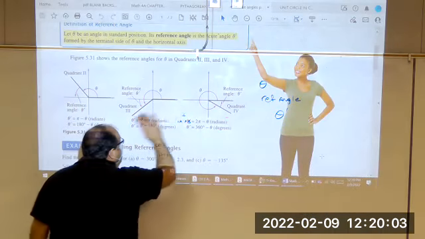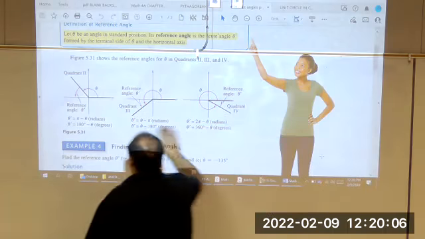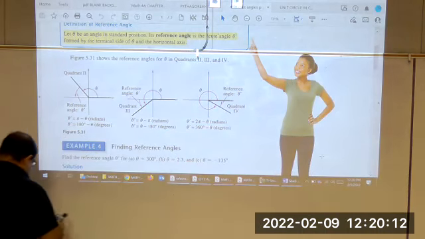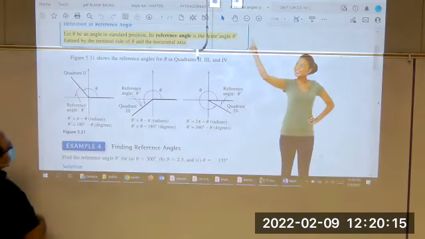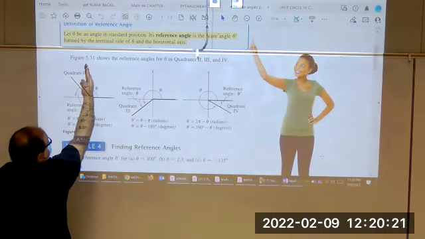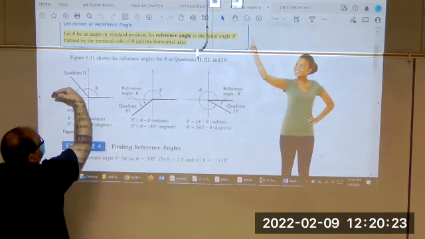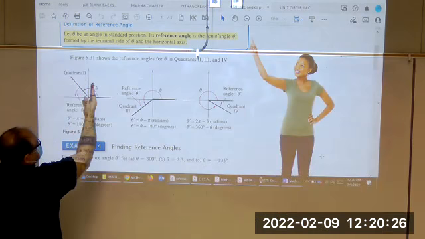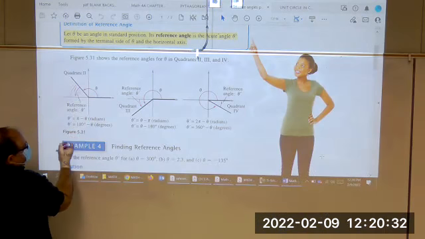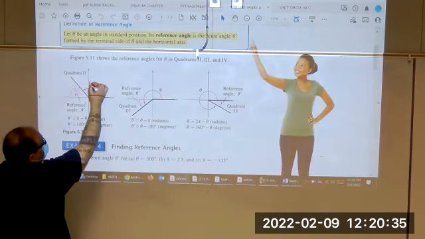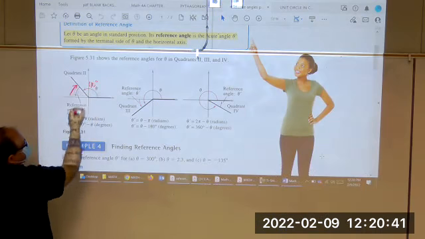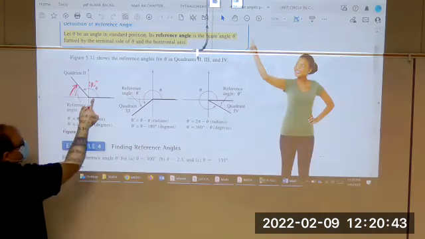But when you're in quadrant 2, now try not to memorize. Try to picture it, or try to know it. Knowing is better than memorizing. When you have an angle that terminates in quadrant 2, somewhere between 90 and 180 degrees, between pi over 2 and pi radians, the reference angle is this much. So if this was 110 degrees, how much does it make with the horizontal axis?